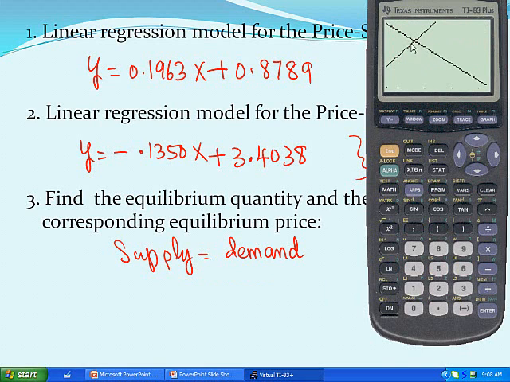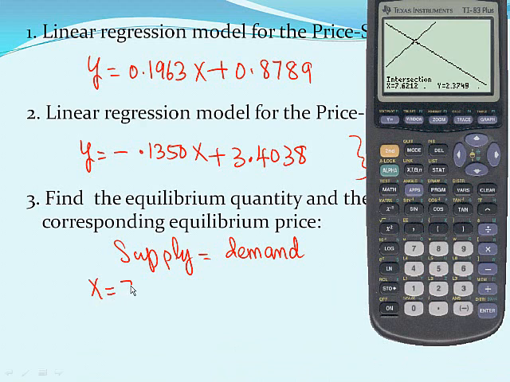Now to calculate the common value or the intersection, second trace number 5, which is the intersection, then we can press enter 3 times to get the intersection point. X equals 7.6212 and Y equals 2.3749.